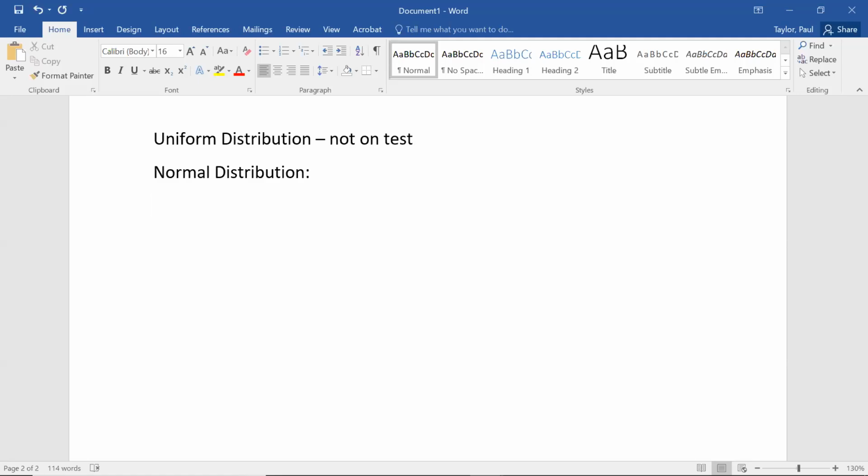So I'm just going to jump straight to an example. In this example, bags of rice have a mean of 5.1 pounds. So they're supposed to be 5-pound bags, but their mean is actually 5.1 pounds, and the standard deviation is 0.2 pounds.